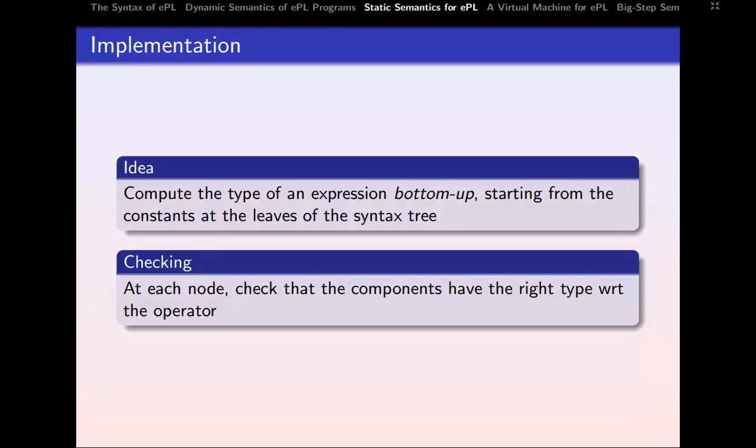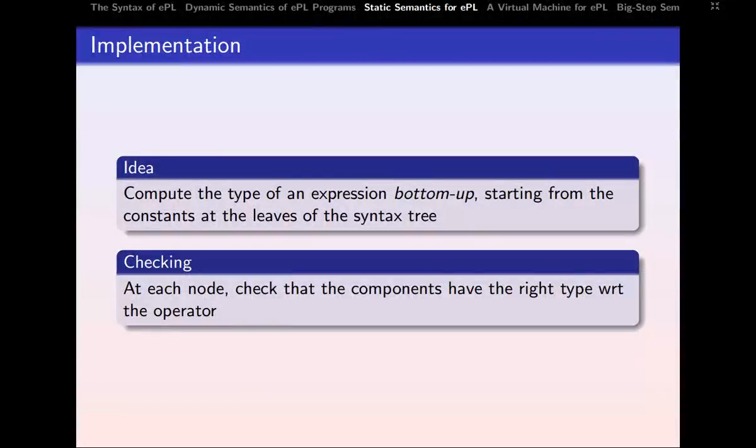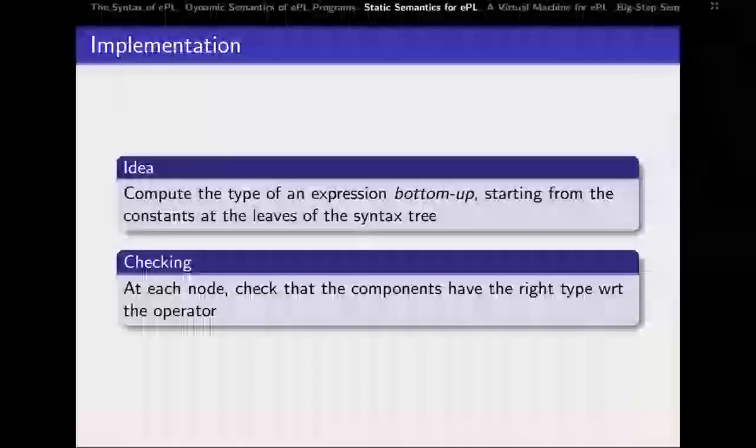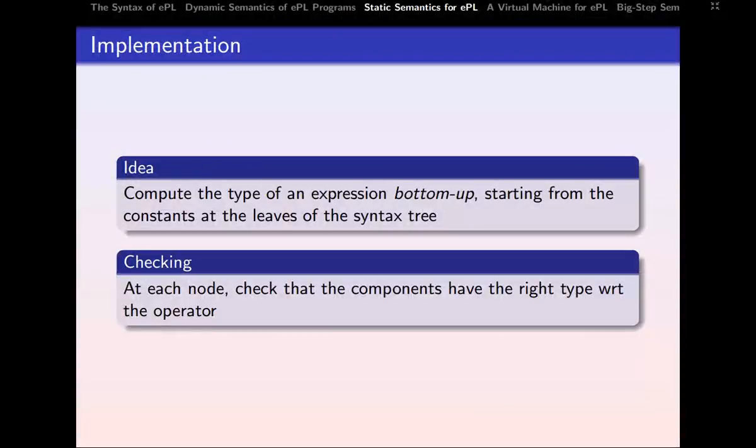So we have an implementation idea. We can work bottom up, right? And trees are always tricky, right? Because you can draw them with the root at the top or with the root at the bottom. So we just had a tree with the root at the bottom, right? But the most typical representation of trees is with the root at the top.